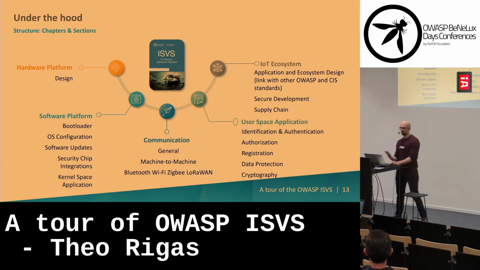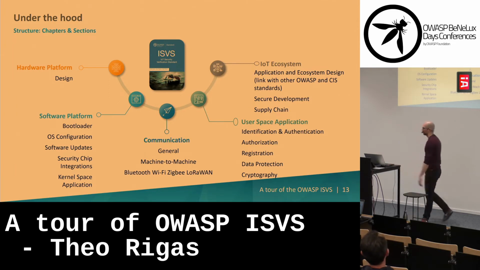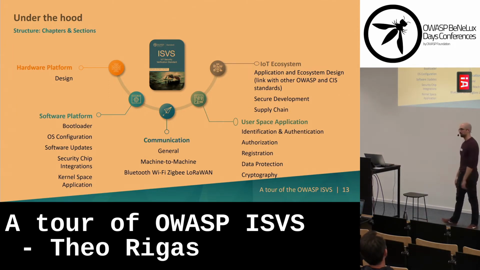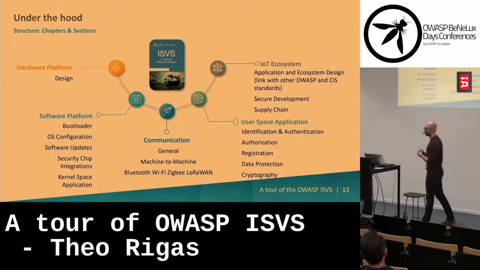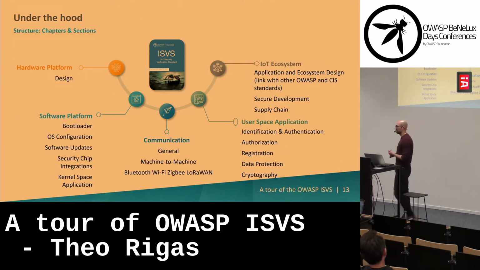And for every chapter, of course, we have sections. I mentioned there are five chapters, and the idea behind the structure of the chapters is to have a bit like a stack. It's a bit confusing because the numbers are inverted.